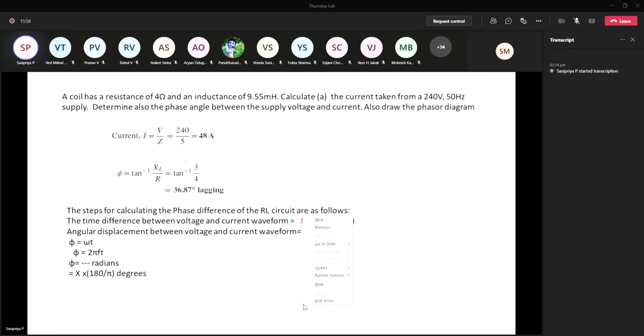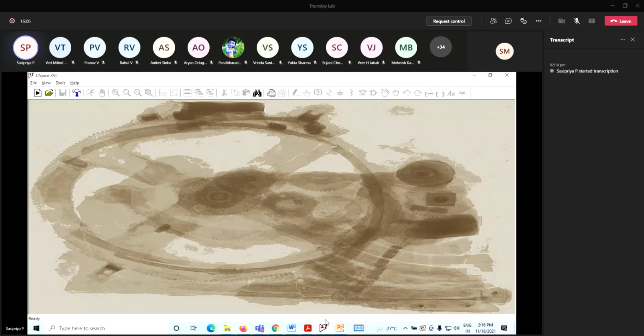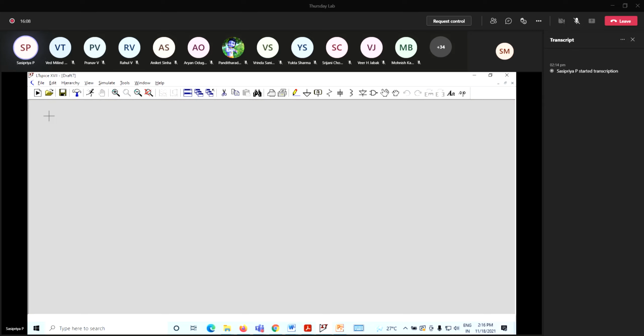All of you, as usual, please open your LT Spice. We are going to draw a circuit schematic of a series RL circuit. We need a resistor, an inductor, and an AC sinusoidal source. Let's take a resistor and then an inductor. Then we need a sinusoidal source as usual from the library, that is, select the component voltage source.